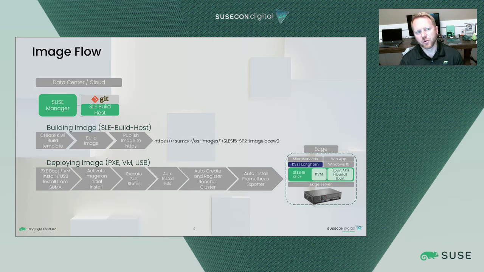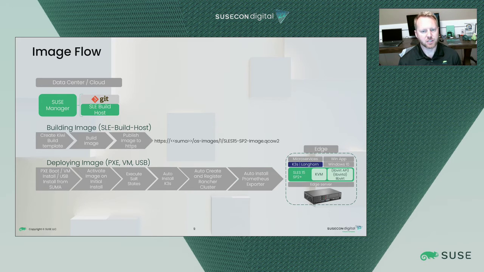So digging deeper into how the image gets created, it's a pretty simple process. This is a diagram that outlines the entire flow. Sitting at the data center, where you have the SUSE Manager server and the SUSE Linux Enterprise build host that is utilized for building images, you create a Kiwi build template.